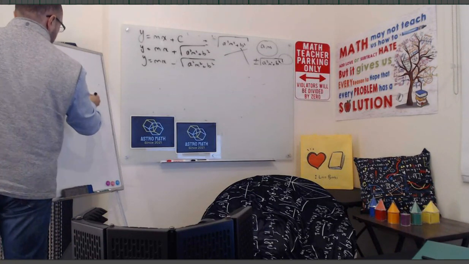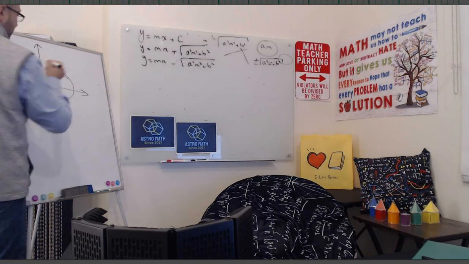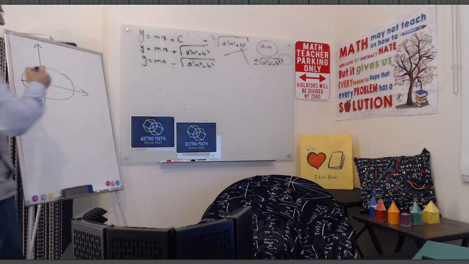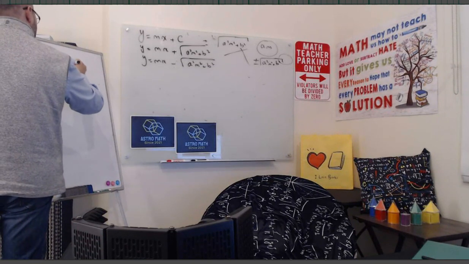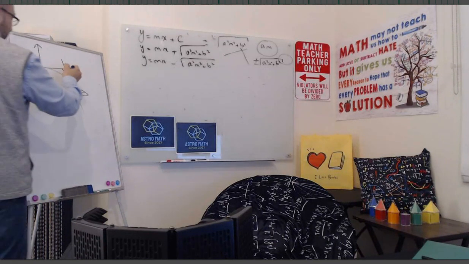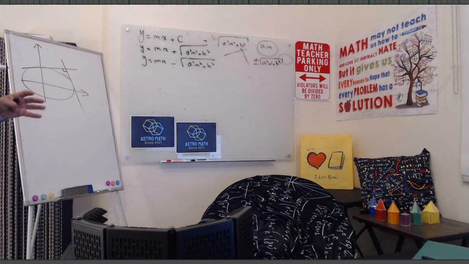Still easy Cartesian rectangular. I have an ellipse like this. I'm going to find the locus, the collection of all those points that are the intersection of two perpendicular tangents around the ellipse.